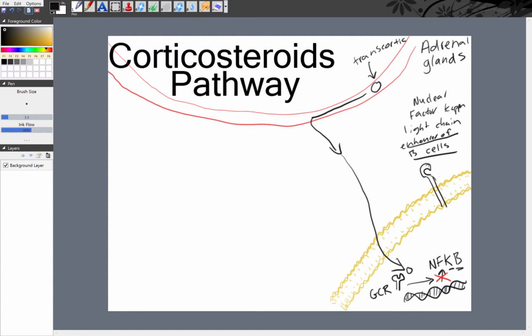Now we're going to draw another cell here, and I'm practicing drawing cells the way I would like to. It's going to be a fun experiment. This is how I like to draw lipid bilayer membranes.